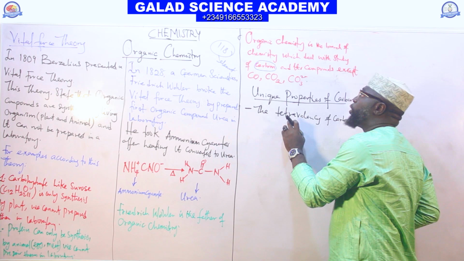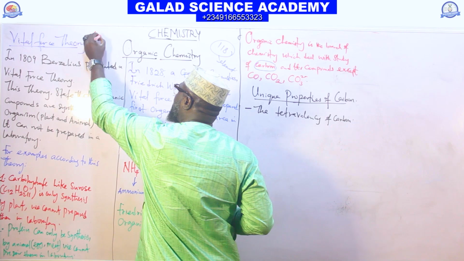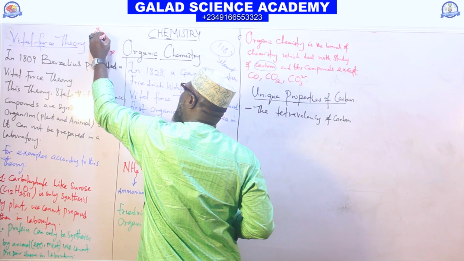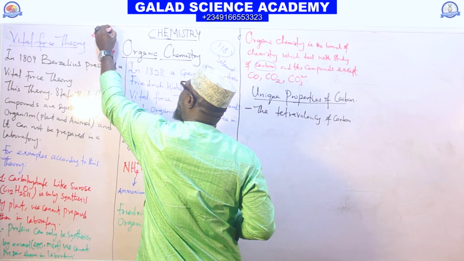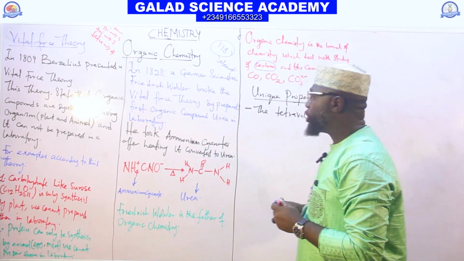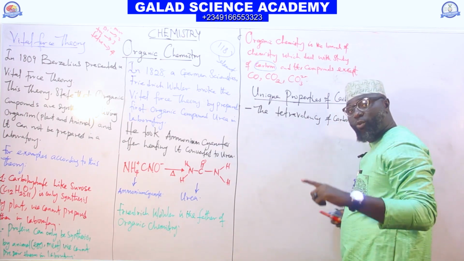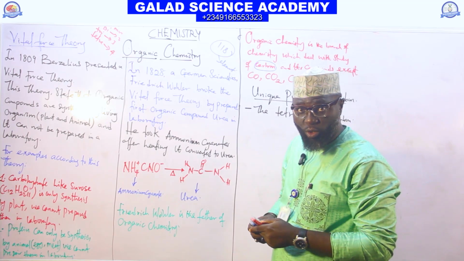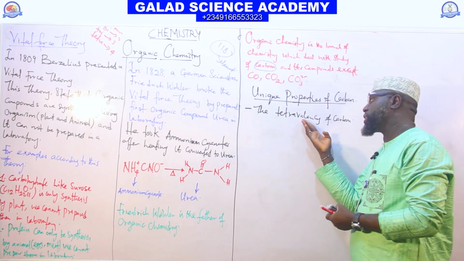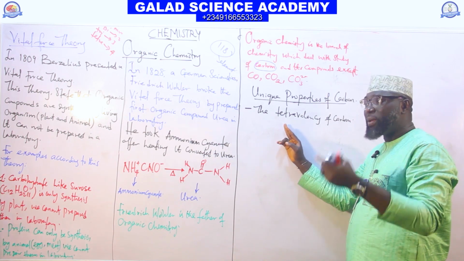Tetra means 4, tri means 3, di means 2, mono means 1. And valency refers to the atom's outer electrons, which we have done in chemical bonding.